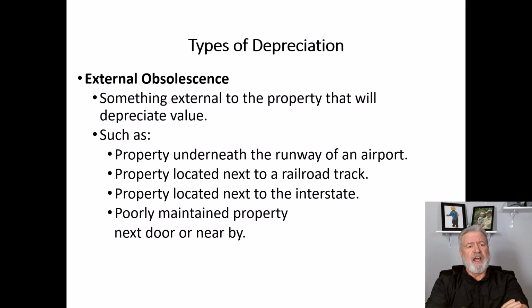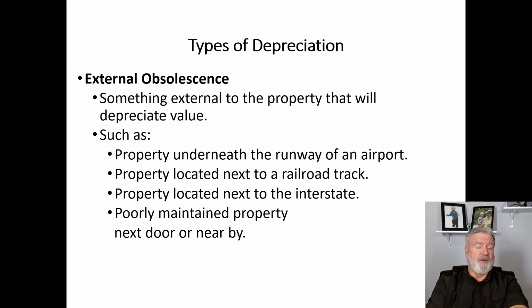But then there's external obsolescence. External obsolescence just means there's something external, outside of your property. It has nothing to do with your property, not on your property, but it will cause your property to depreciate in value. There's any number of things that could be an example of that.